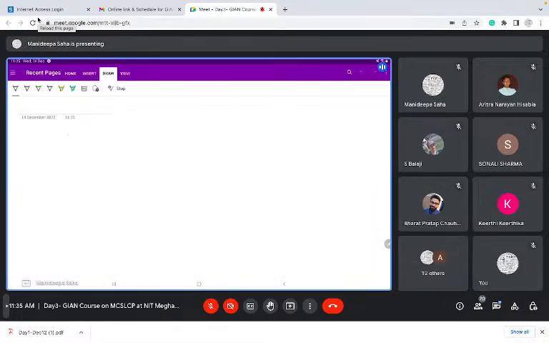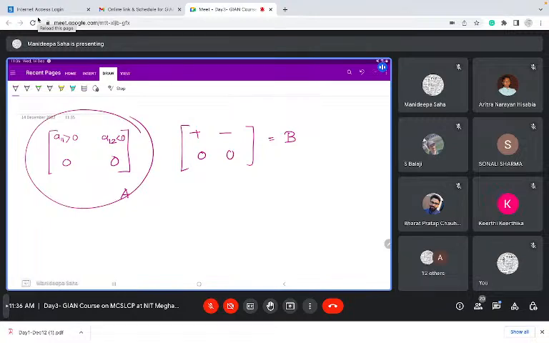Suppose I have a sign pattern matrix, 2 by 2, with plus, negative, 0, and 0, and I call it B. Then matrix A has sign pattern B if A11 is positive, A12 is negative, and the other entry is 0. All such matrices, the whole collection, have the sign pattern B. So B is basically a sign pattern matrix.